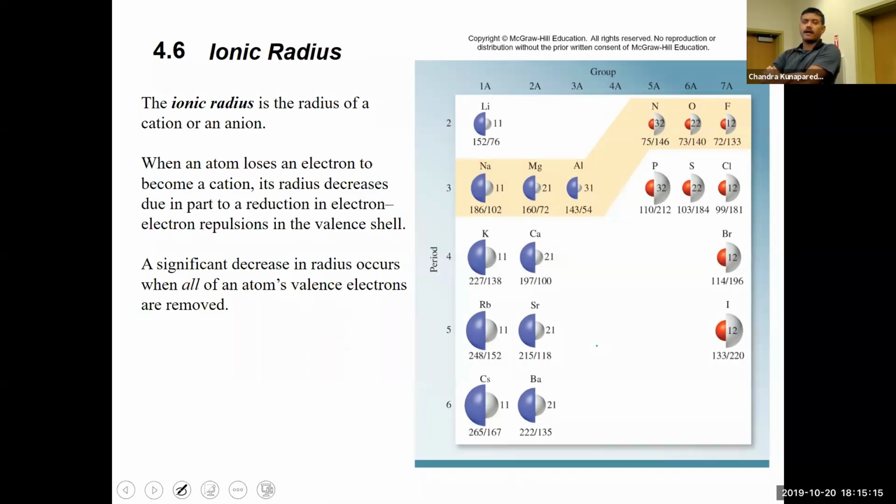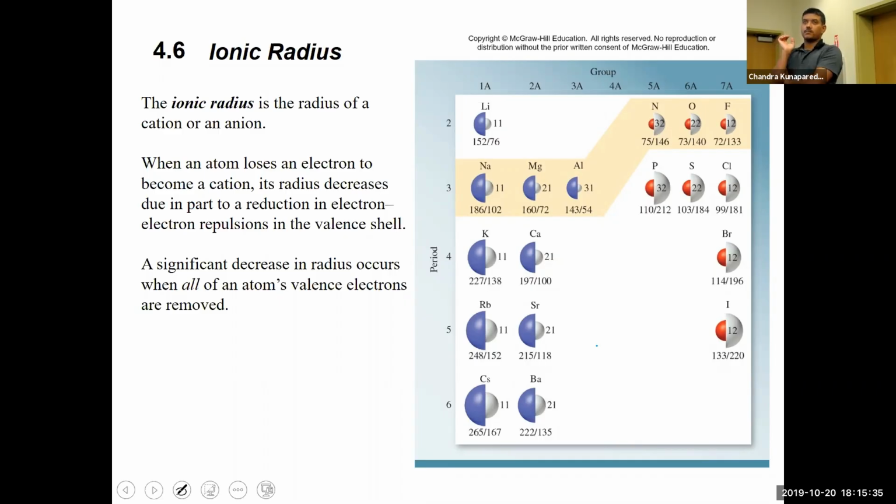In this topic of ionic radius, we are going to talk about the ionic radius of ions, not atomic radius. Previously, we talked about atomic radius, where a neutral element, how much distance it is experiencing from the center of the nucleus to the valence electrons.